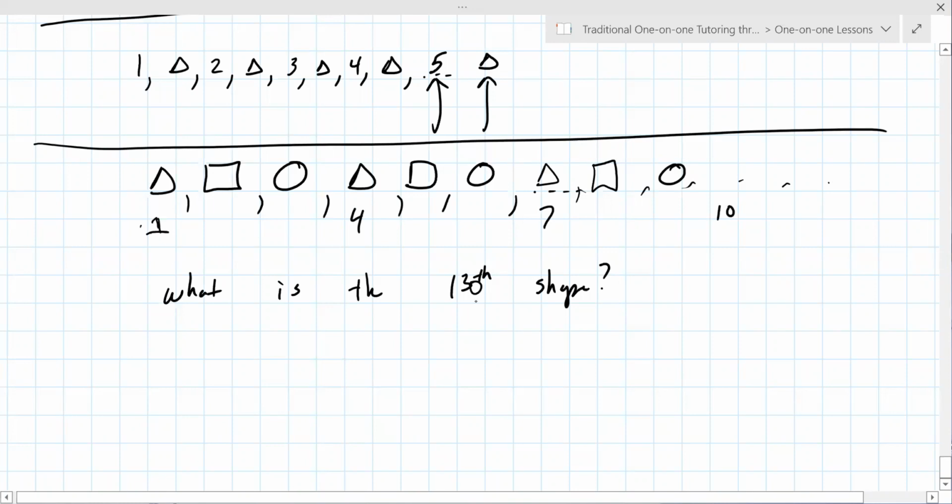Okay, so let's do the 130th. I know that 120 comes to mind. So if I go 1 plus 120, that gets me to 121. That's the starting point right there. If you don't know why, it's because 120 is divisible by 3.